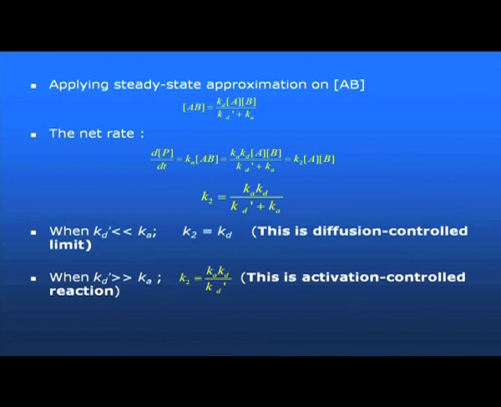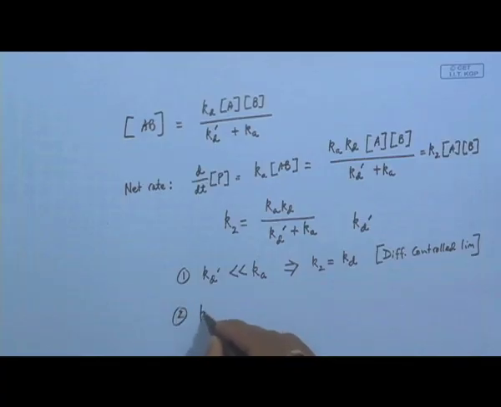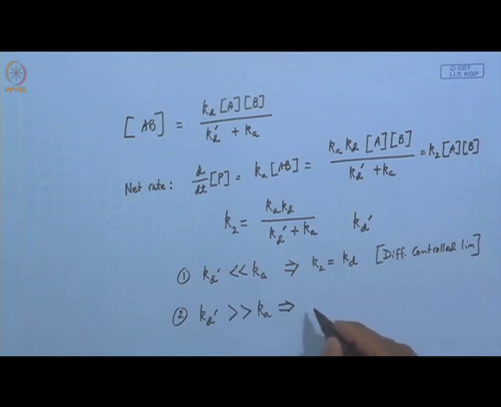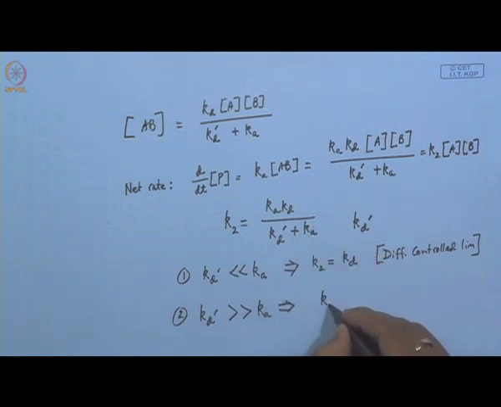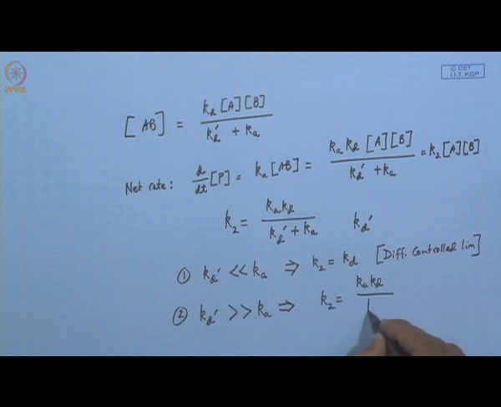And what happens in the other situation, situation 2, that Kd prime is very much greater than Ka? Then Ka is neglected, therefore your K2 will be equal to Ka Kd divided by Kd prime.